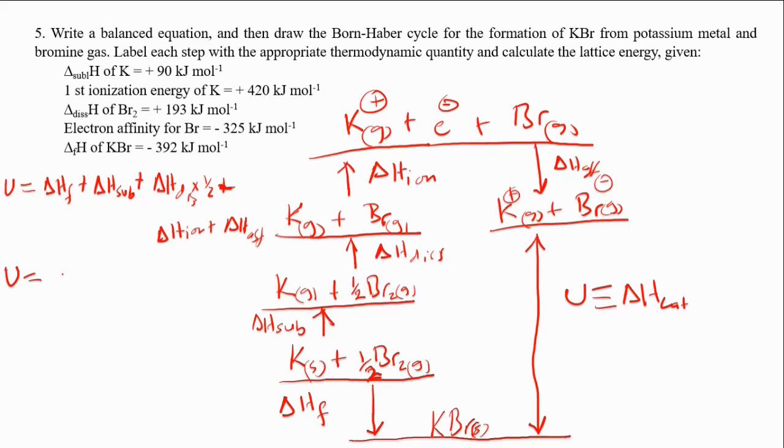We can put them in any order that we like. So it's 90 plus, and I'm just putting them in different orders. I'm putting the sublimation first. It doesn't matter, we can spin them around. It doesn't affect anything. 0.5, this is the dissociation, 193, plus 420, which is the ionization.